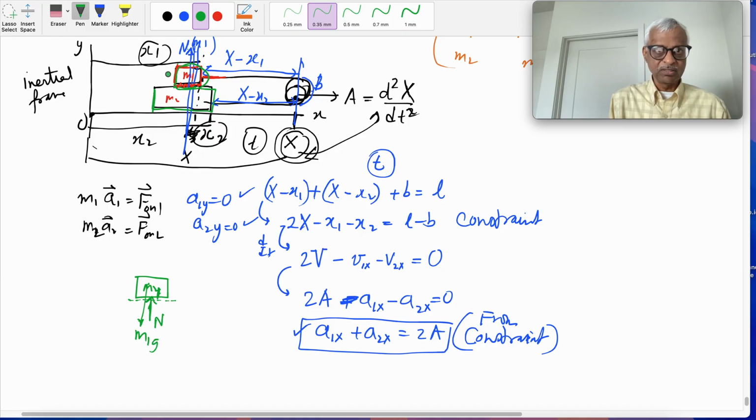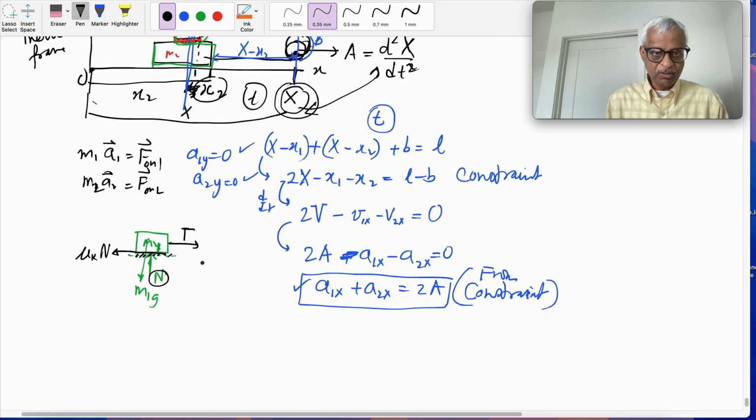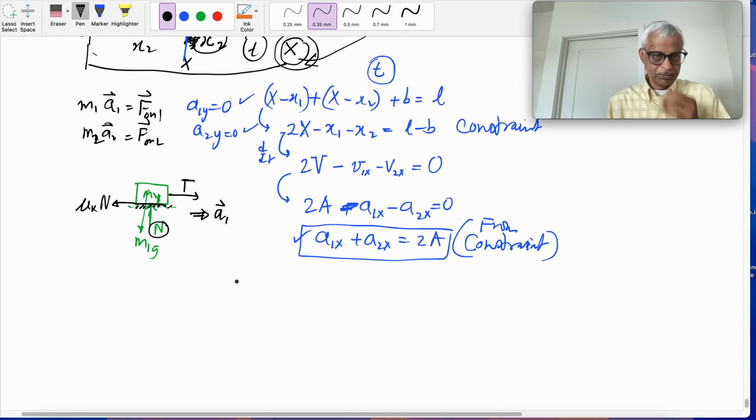These are vertical forces, and tension is pulling it that way, and mu k times this normal, with respect to this surface, will be the kinetic friction. As a result of all of this, this thing is going as A1 that way.